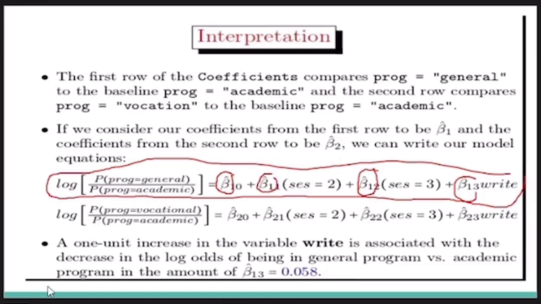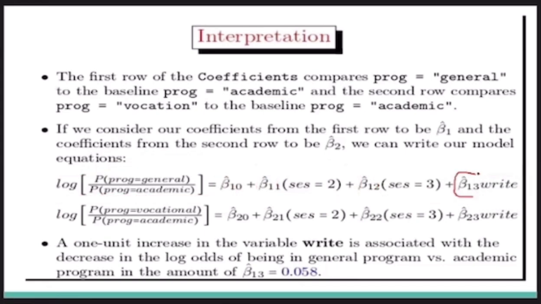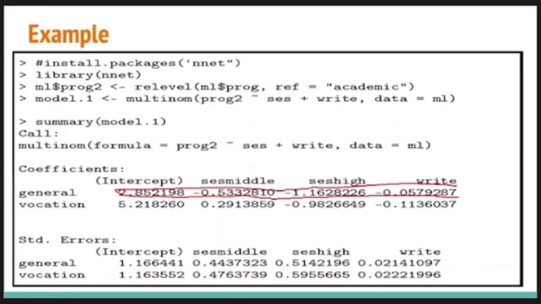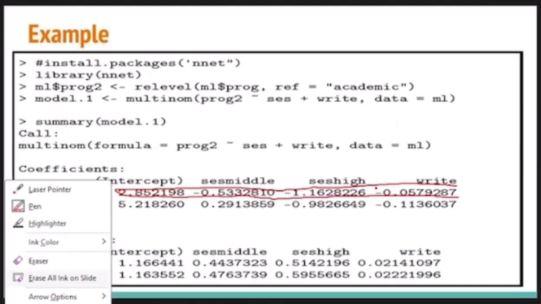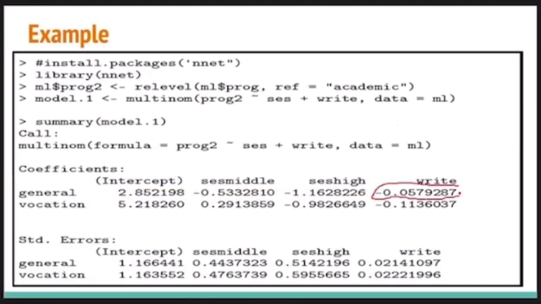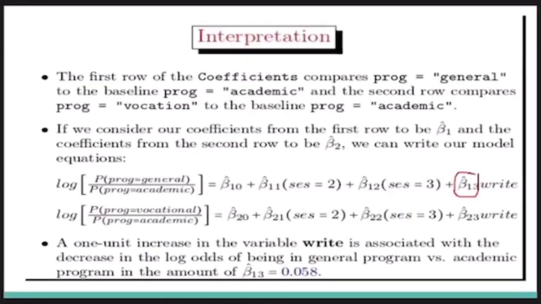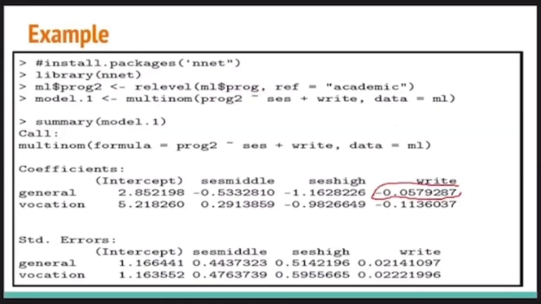Where is the B13? You're going to go back to the model. The B13 is, for general, this guy, right? We approximate that, and that gives us, let me see, is it positive or negative?